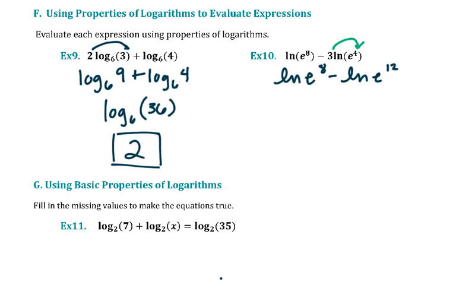And so one of our properties from a previous slide, when the base of the log is the same as the base of the exponential term in our argument, those are going to reduce out because natural log is base e, and we're dealing with e to the 8th. This guy becomes 8, and the other term will become 12. So 8 minus 12 is negative 4.